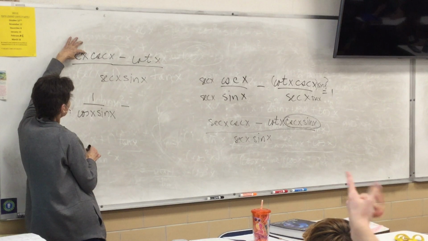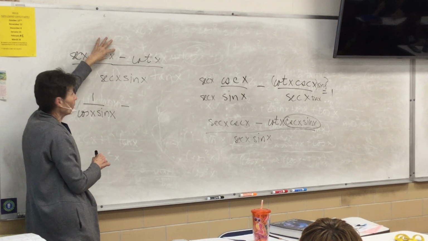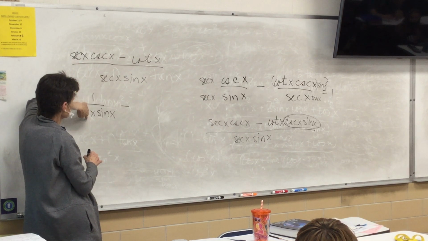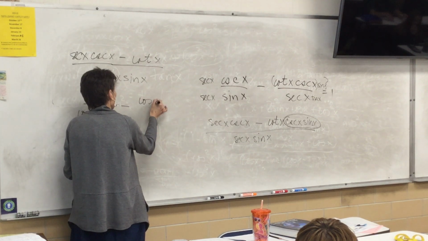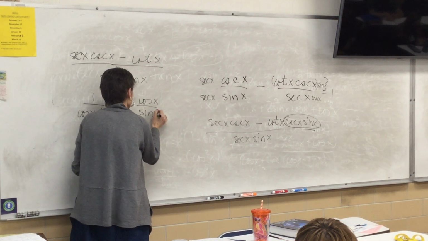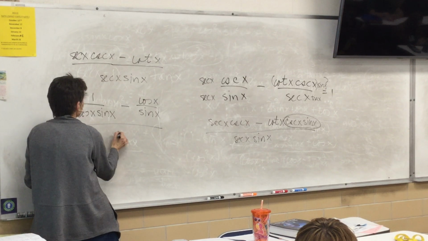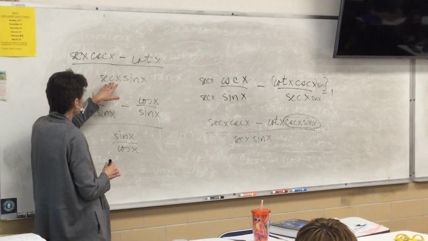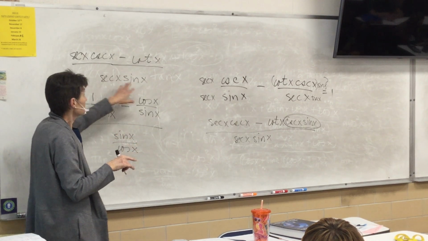This is 1 over cosine, and this is 1 over sine. So when I multiply them, I get 1 over cosine sine, minus cosine over sine, over sine over cosine. Because this is 1 over cosine times sine.